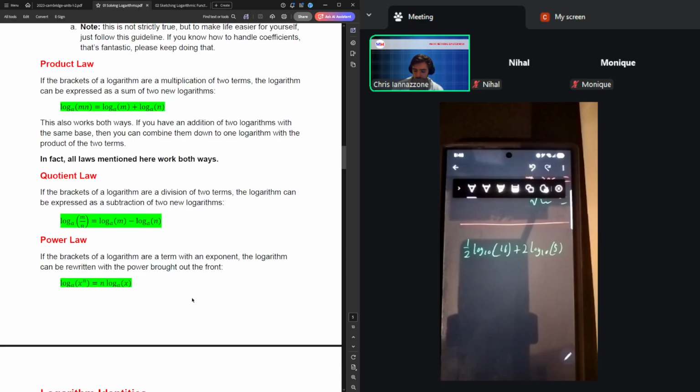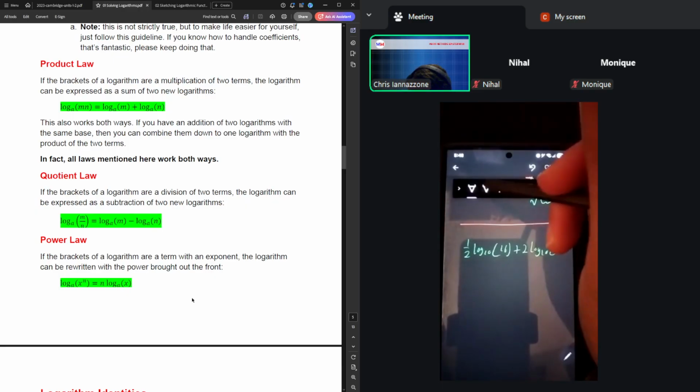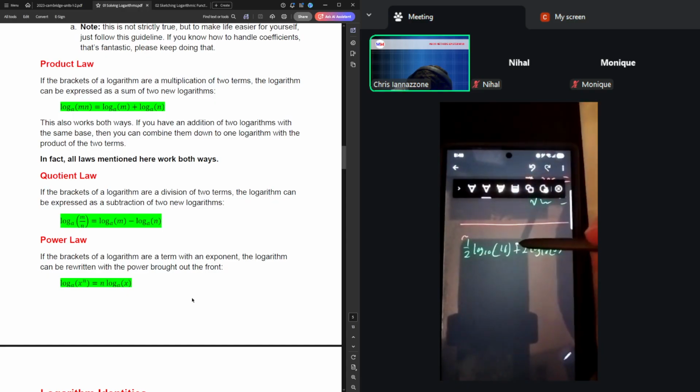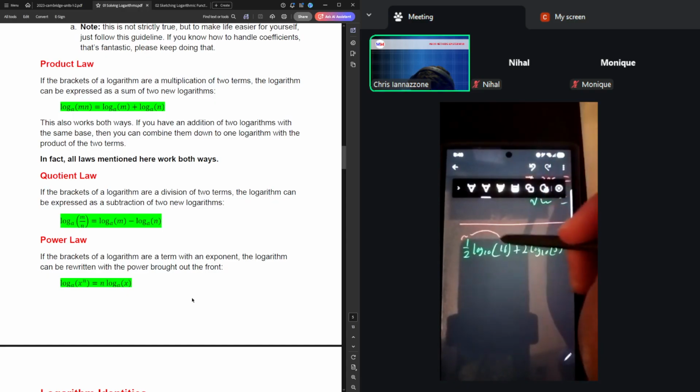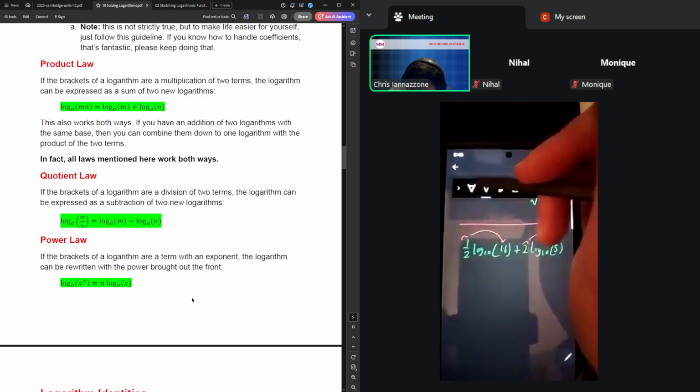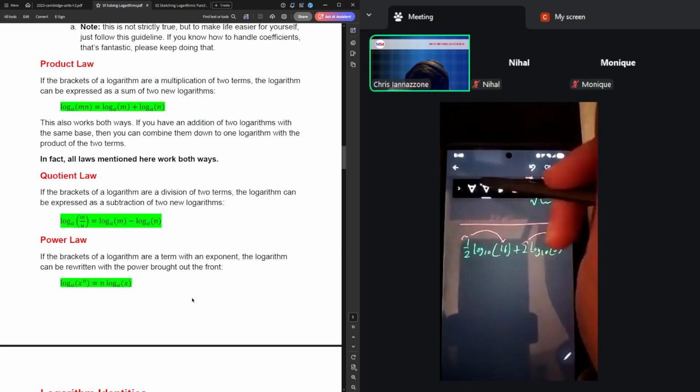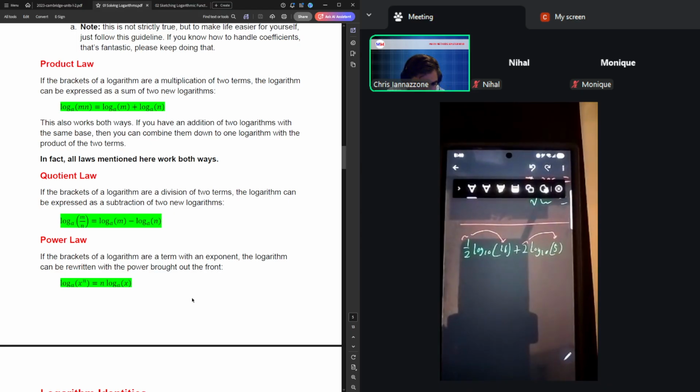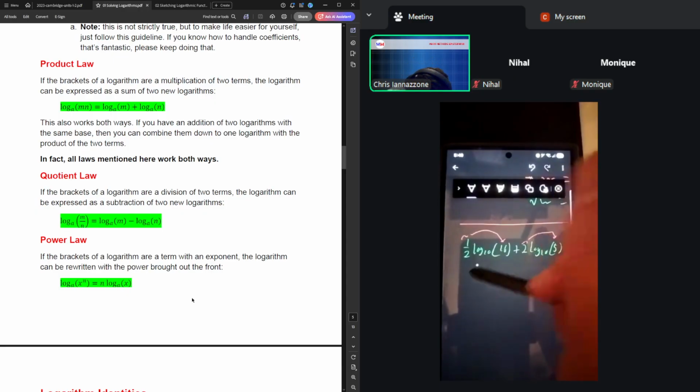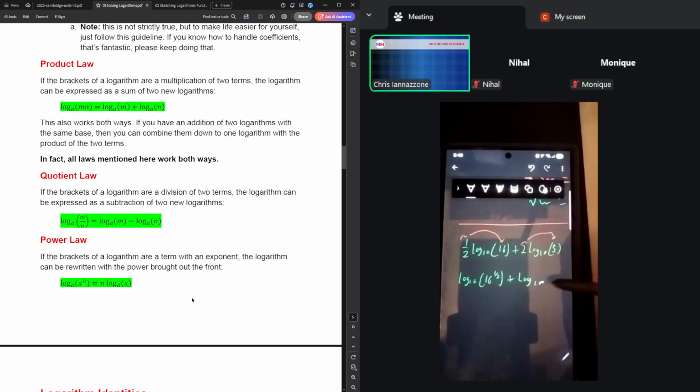So with that in mind, all of these coefficients can be brought into the brackets as a power of that bracket. Pretty much always a good place to start with this logarithm condensing is to bring any coefficients in as powers. That's going to give us log 10 of 16 to the power half plus log 10 of 5 to the power 2.